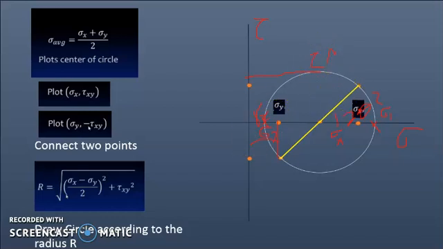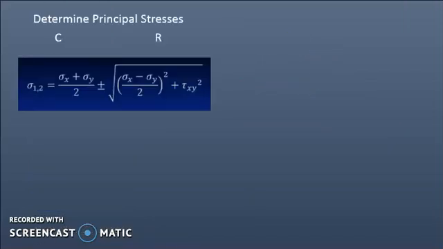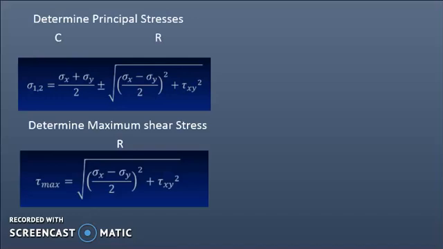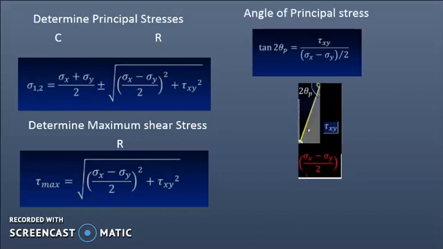We can also verify with the help of the formula. Based on this formula, the maximum shear stress is nothing but the radius r. Then, how we arrive at theta: if we consider this portion, this is tau, and this is the value sigma x minus sigma y by 2, which is from the center point to the sigma x point.